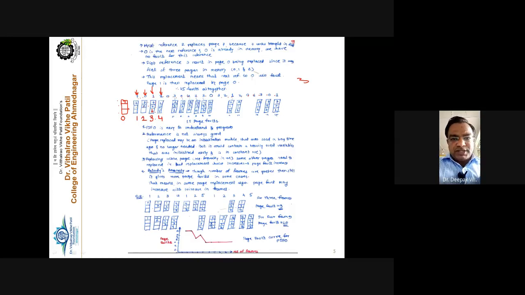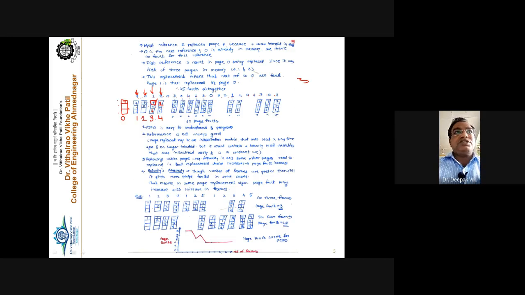The FIFO strategy, first in, first out, says to replace the page that is the oldest among these three, that has come first, must go out first. So out of 7, 0 and 1, page number 7 is to be replaced. Remove this page 7 from the main memory. The frame becomes free, and page number 2, the desired page, is placed in place of 7, and 0 and 1 stay as they are.